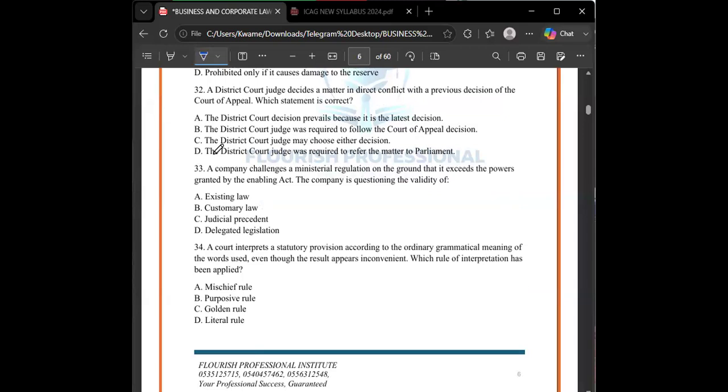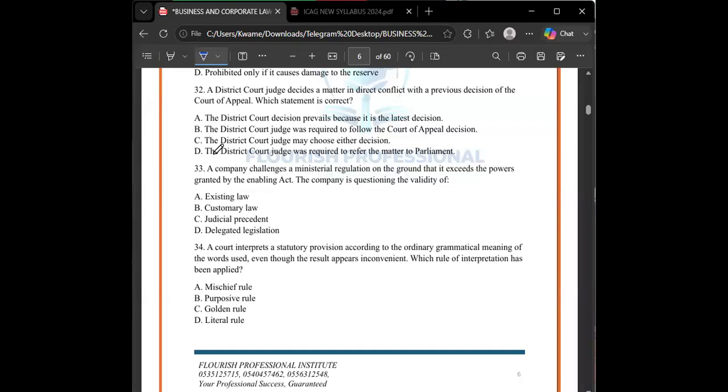Okay, question 36. The district court judge decides a matter in direct conflict with a previous decision of the Court of Appeal. Which statement is correct? A. The district court's decision prevails because it is the latest decision. B. The district court judge was required to follow the Court of Appeal decision.